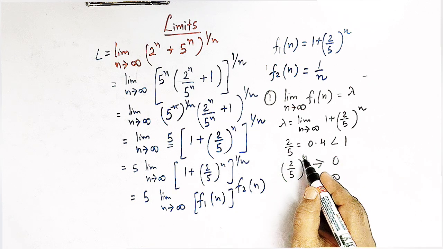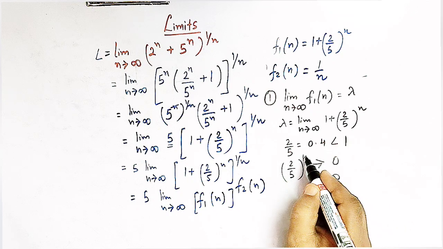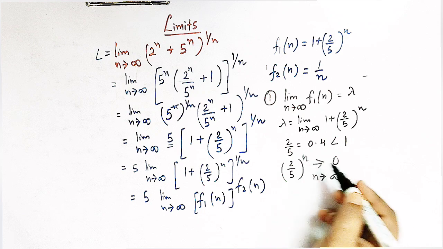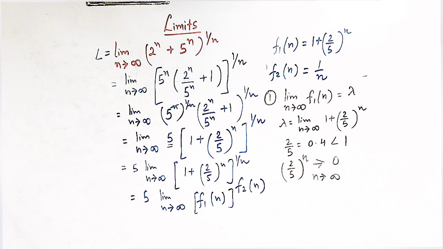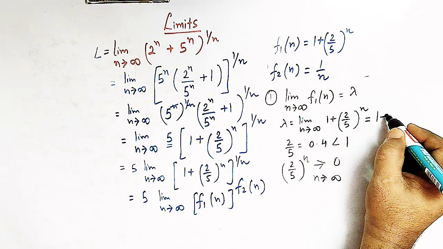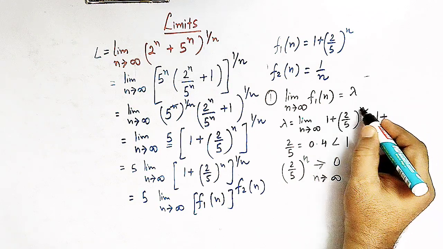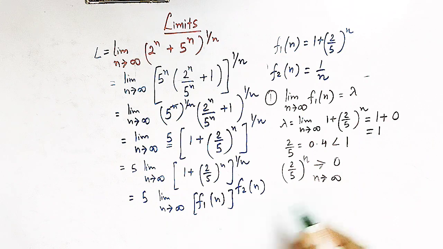So as we go on increasing the powers of 2/5, this entire term tends to 0 as n tends to infinity. So now we have 1 plus 0, so we have simply 1, right? So lambda is equal to 1.